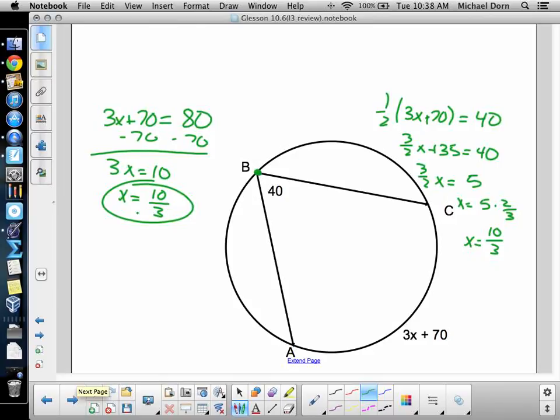And again, as you're doing these problems, just like in the last unit, always show your setup. Whichever way you choose to go, show your setup. Because if you make a mistake in the algebra, at least if I know you've set it up right, you've set yourself up for decent partial credit. And it's real easy to accidentally do minus 70, get 3x equals 150 and x equals 50.